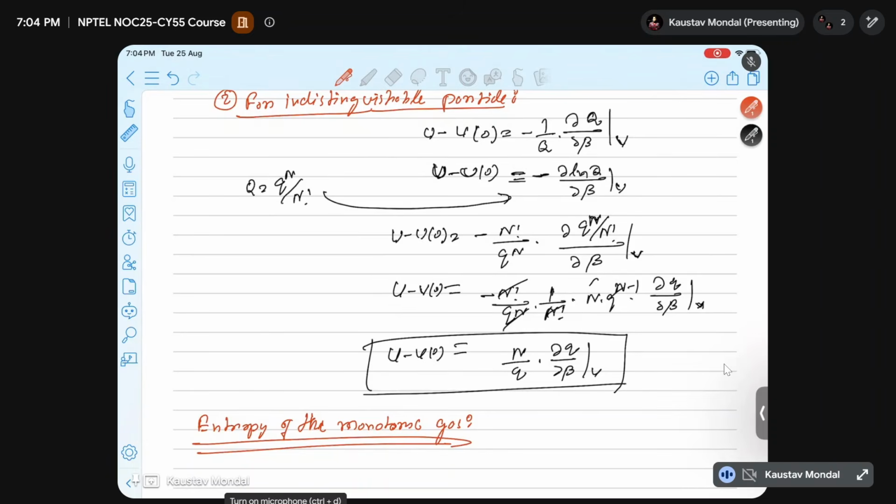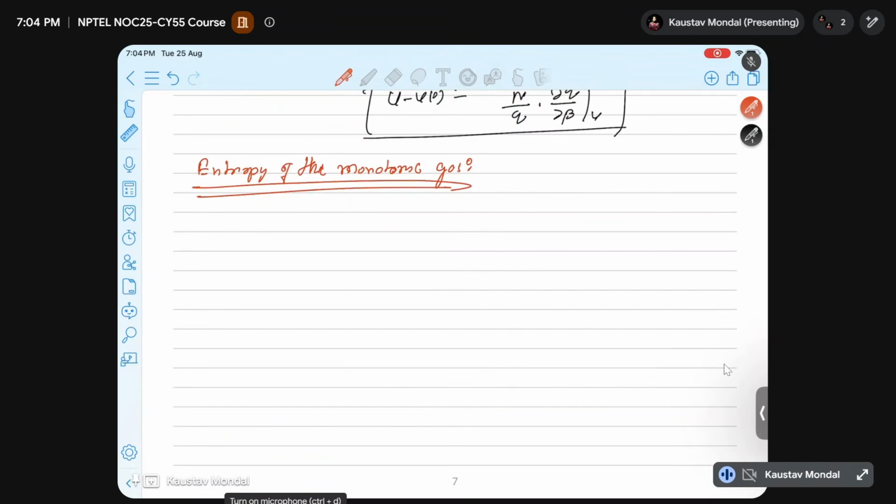You cannot distinguish particle 1 from particle 2. So first, the expression of the entropy that we know: S equal to U minus U0 divided by T plus k into ln Q.